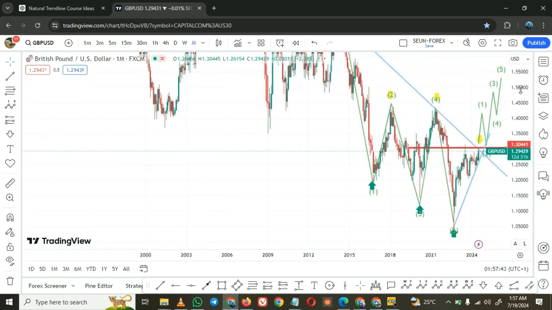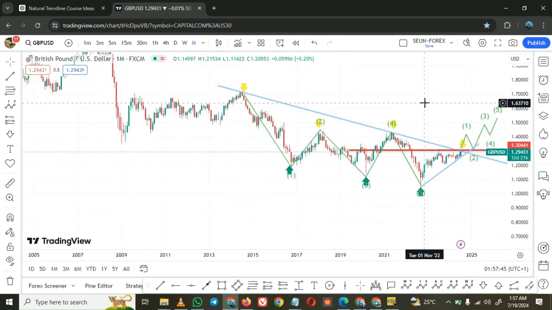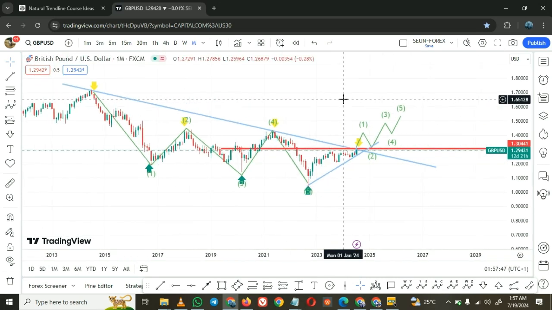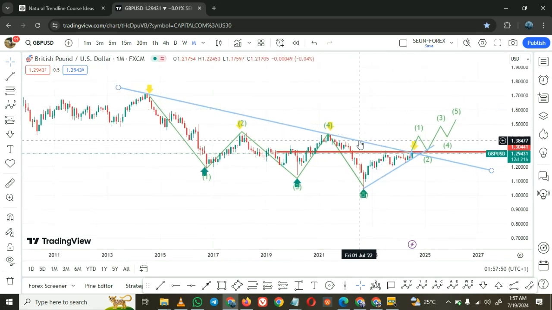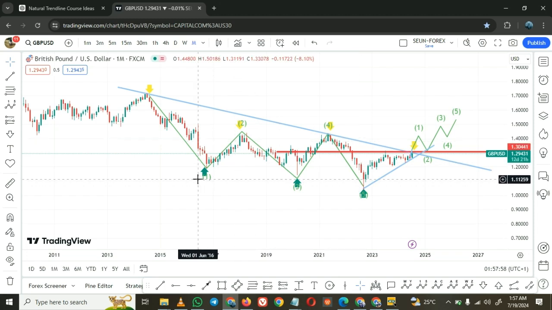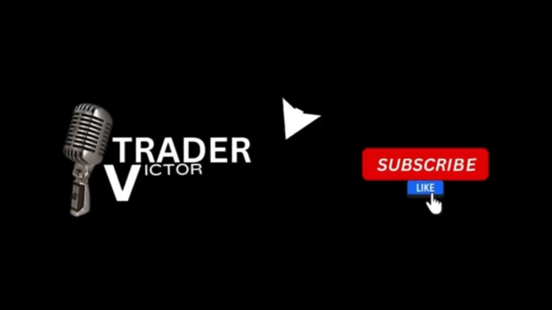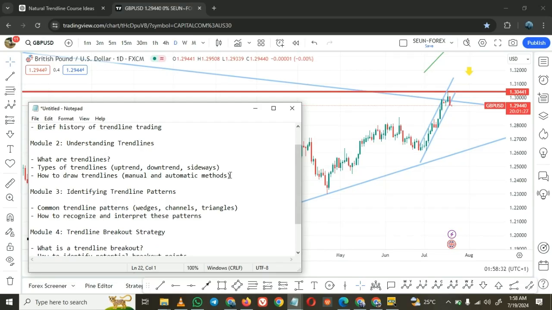But from monthly time frame analysis, we can easily see that market is already in downtrend. That is, GBP USD has been selling since 2015. Market, we have downtrend, and we also have the third one.